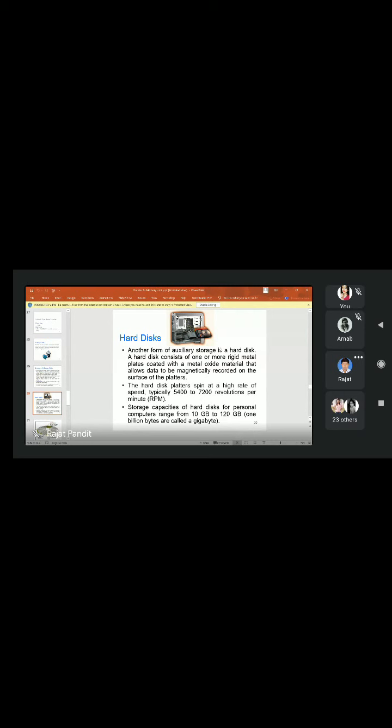So another form of auxiliary storage is a hard disk. A hard disk consists of one or more rigid metal plates coated with a metal oxide material that allows data to be magnetically recorded on the surface of the plates.